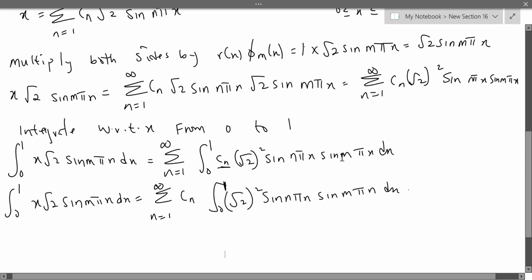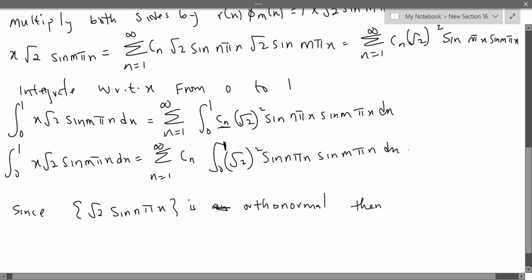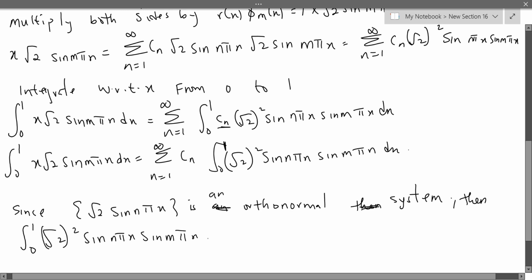This integral has a meaning. Since the set root 2 sine m pi x is an orthonormal system, the integral from 0 to 1 of root 2 squared sine n pi x sine m pi x dx is equal to 0 when m is not equal to n, and 1 when m is equal to n.